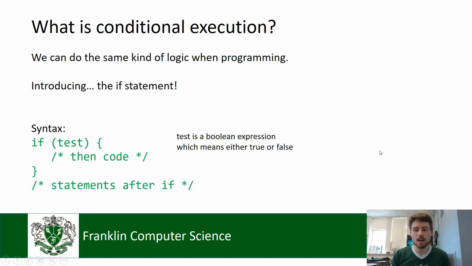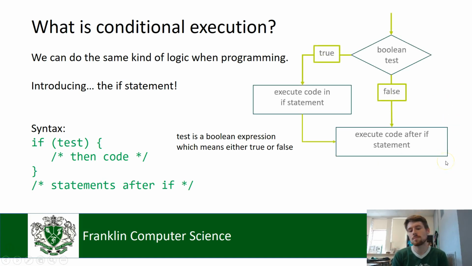And then you're going to continue having code afterwards if you want. Anything that's after this if curly brace is going to run after the test is done and after any code happens. So there's a little flow diagram that you should probably write down to describe this if statement.